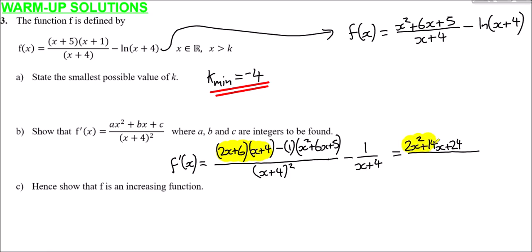So I've got this, and I'm going to minus off x squared minus 6x plus 5, because if I expand that by 1, it's just going to stay as itself, isn't it? So I'm going to minus off all of that. So minus an x squared, minus a 6x and minus 5, all over x plus 4 all squared, which we need to leave as it is.